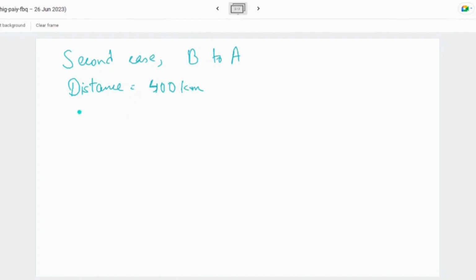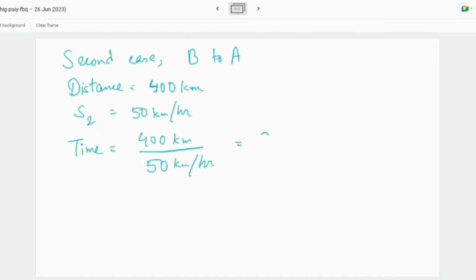So now the time will be again distance divided by speed. So that means 400 kilometers divided by 50 kilometers per hour, which gives us 8 hours. Okay, I hope all the students of class 7 will know the simple calculation. Like we cancel out the zeros and we can divide 40, the numerator, with 5 and I'll get 8, right? So that's 8 hours. Okay.